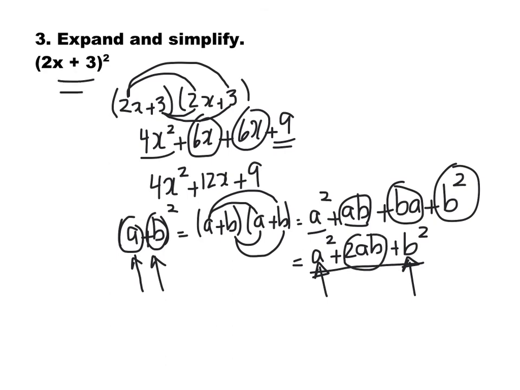Here, if I use this technique, 2x squared is going to give me 4x squared. Second term squared, 3 squared is 9, plus multiply the two terms, 2x times 3 gives me 6x, then multiply it by 2 again, as it says here. So 6x times 2 gives me 12x, which is exactly the answer we got by expanding it term by term.